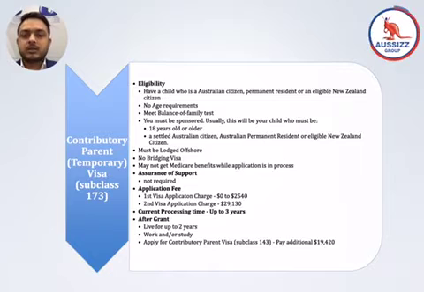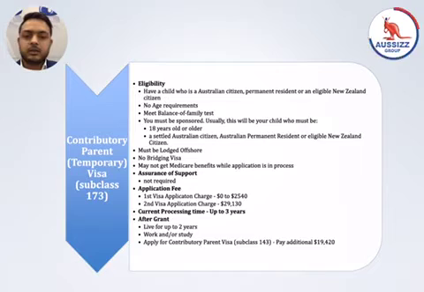So again, the requirement is quite similar to other visas in this category, which is that the applicant must have a sponsor, a child who wants to sponsor them for a parent visa. The applicant must meet the family balance requirements, which is the balance of family test, which is on your screen now. So if your parent meets the family balance requirement, they can apply for this visa. There's no age limit, so your parents can be either 40, 45, 50, whatever.